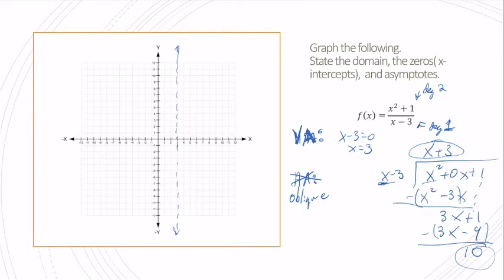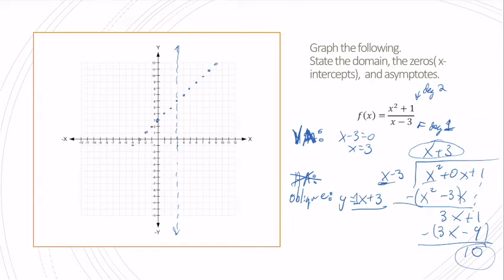So my oblique asymptote is y equals x plus 3, which is a linear equation, right, with slope of 1 and y-intercept of 3. So we can go ahead and graph this asymptote.